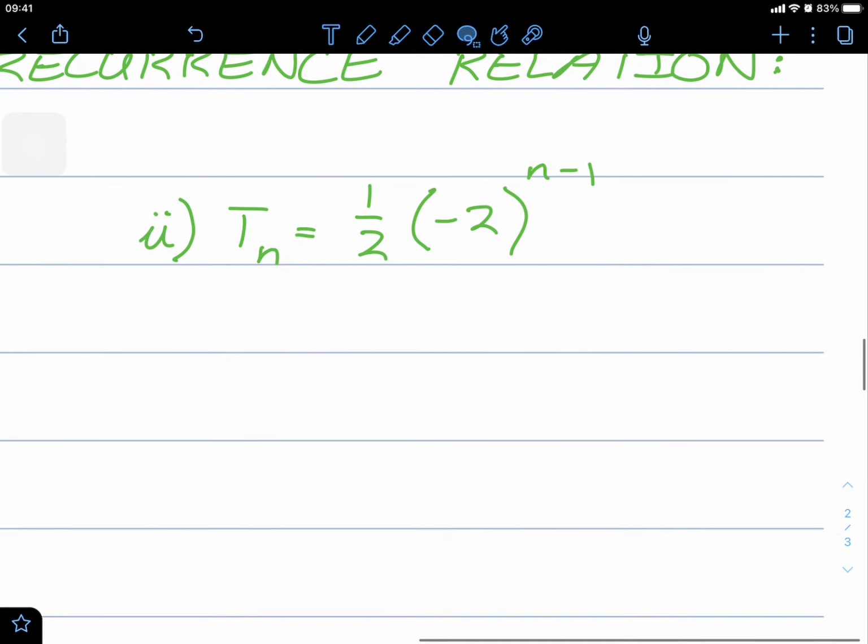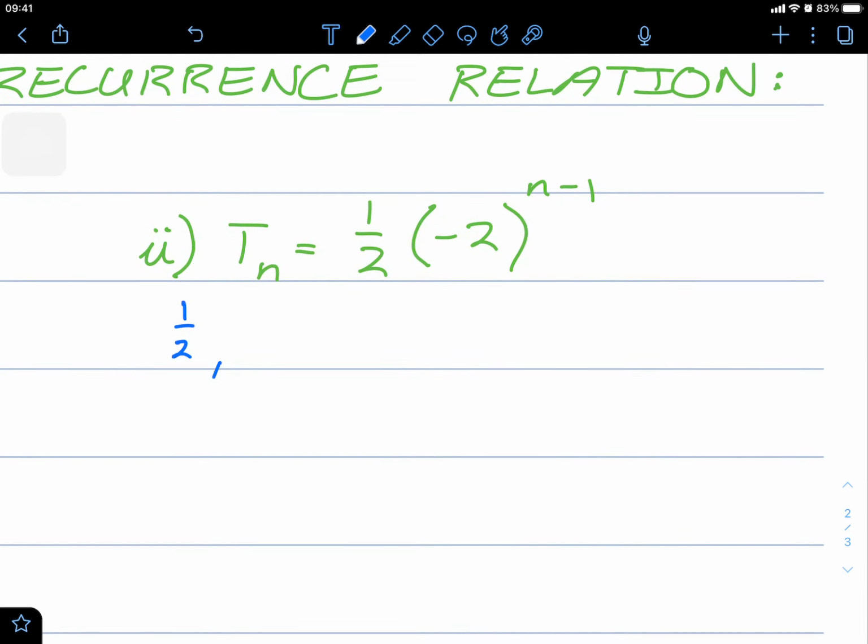Let's move on to the next example. Let's find the first few terms for this one. The first term is not going to be A, it's going to be half. The next term is going to be the negative but double of this, because remember it's a r to the power of n minus 1.